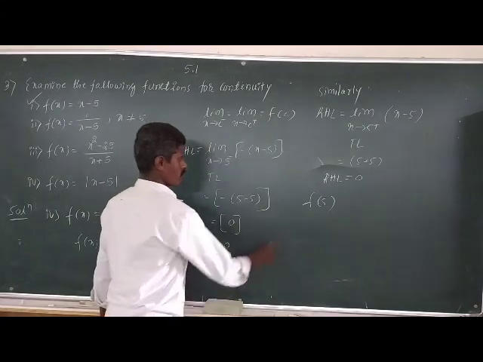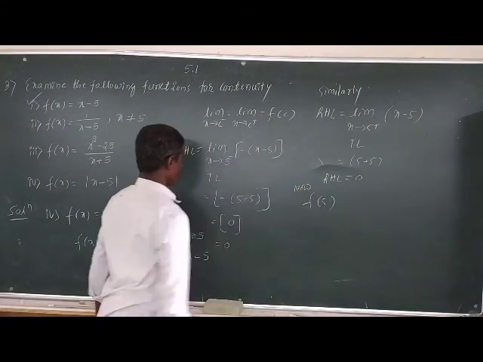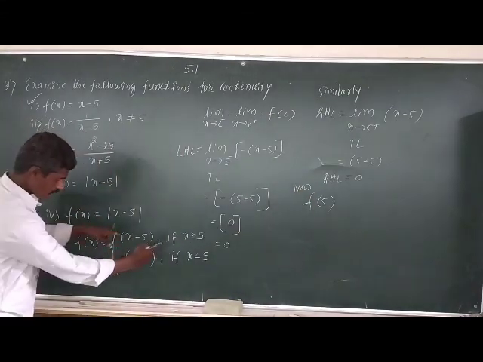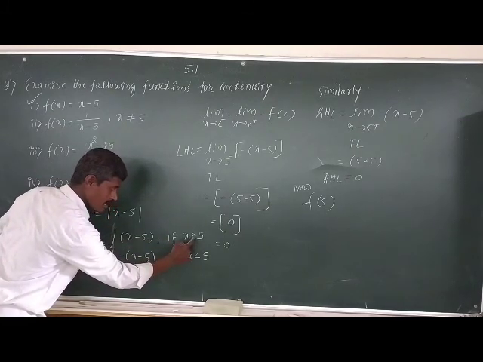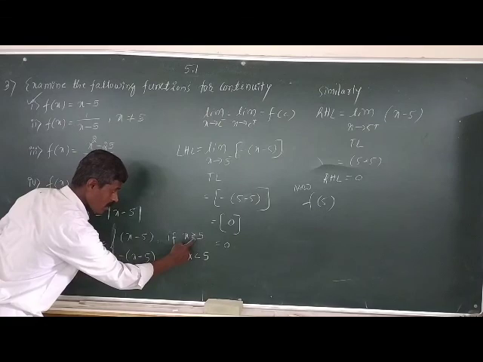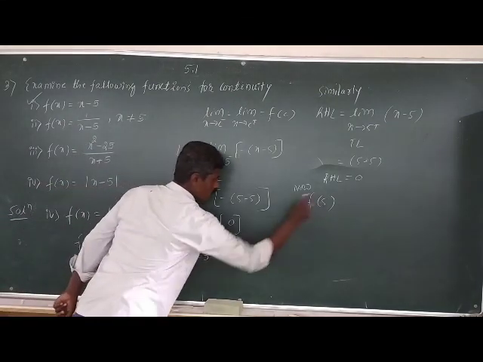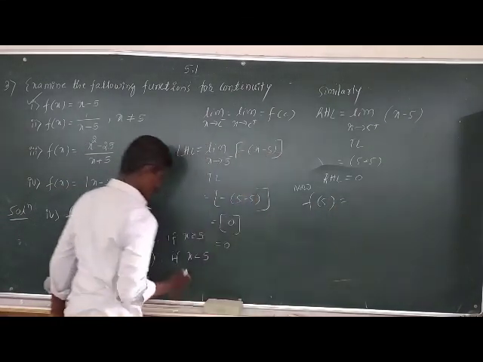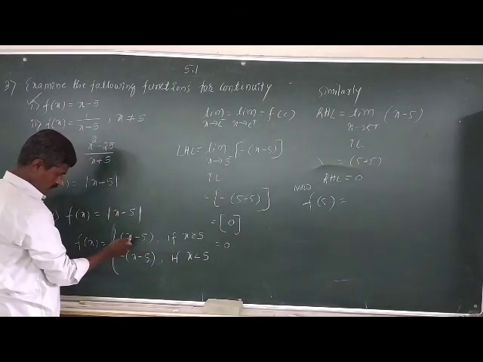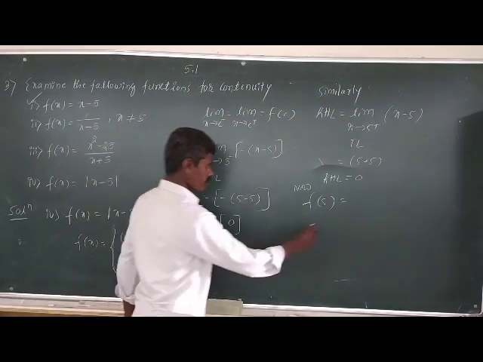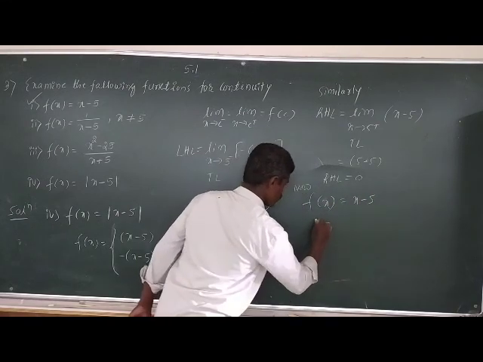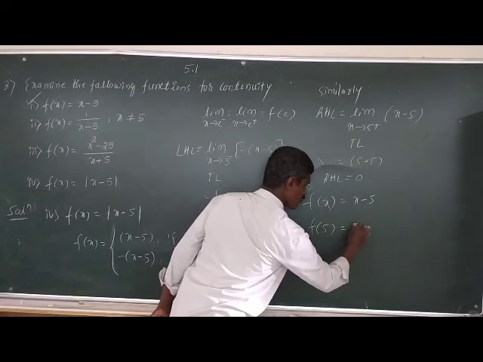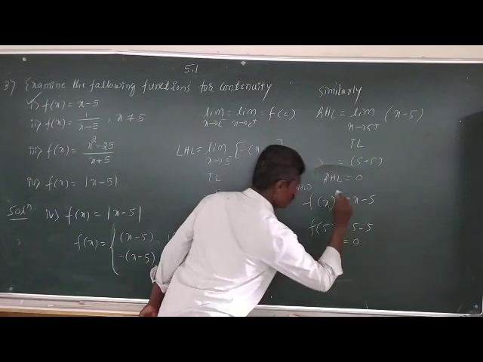So now f of 5. Here the symbol equals exists in this function. Hence, in that condition the function is x minus 5. Therefore f of x is equal to x minus 5, so f of 5 is equal to 5 minus 5. This is also 0.